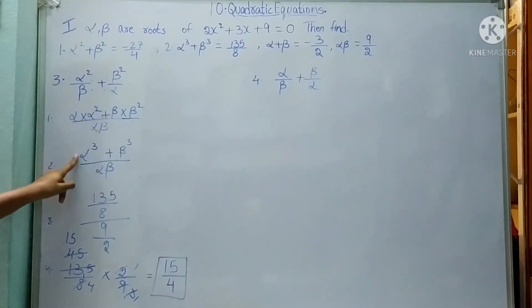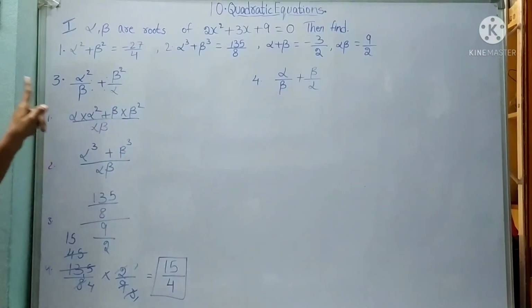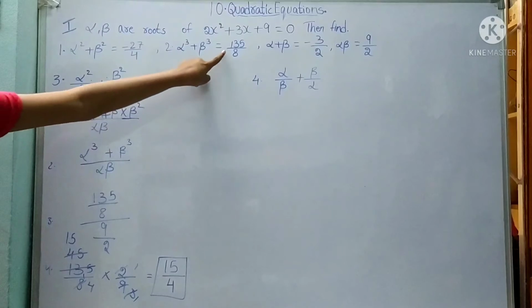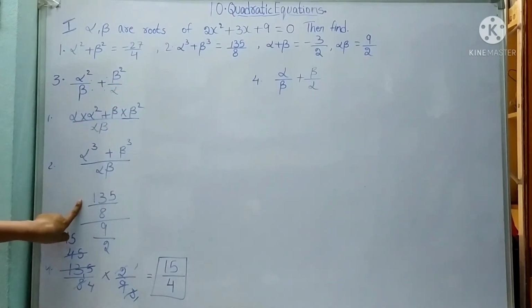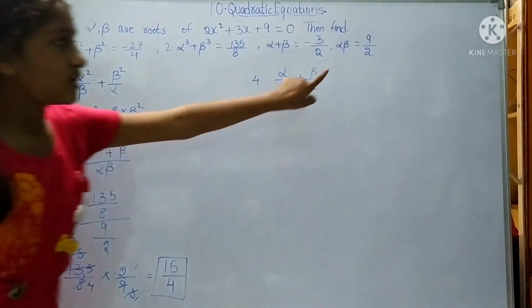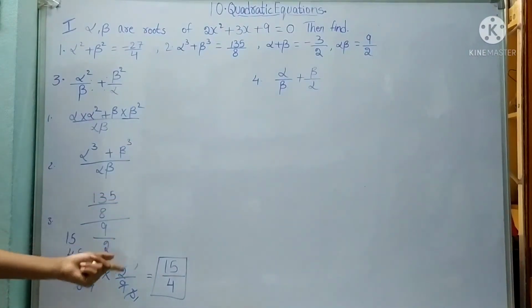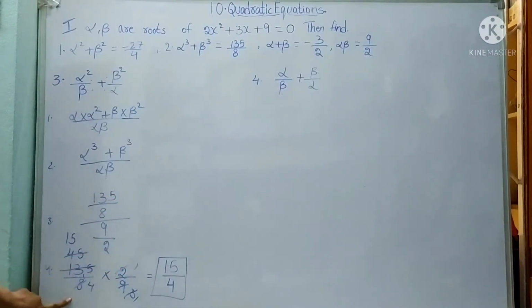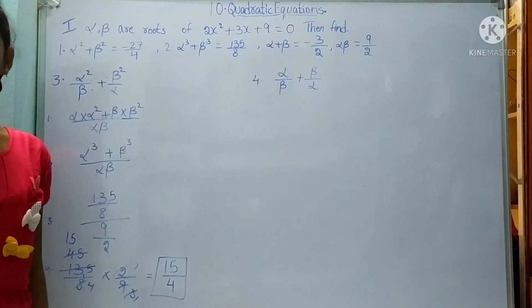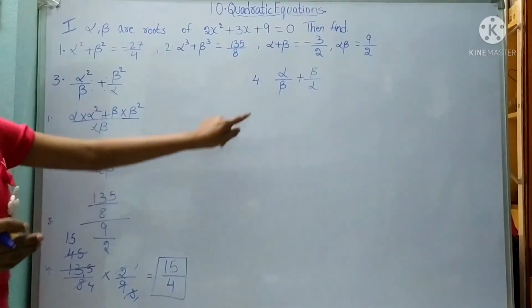So substitute the value of alpha cube plus beta cube. Alpha cube plus beta cube is 135 by 8. And alpha beta is 9 by 2. And then reverse it and then 2 by 9 will come. So cancellations. So the answer is 15 by 4. So this sum also is like this. It's very easy.